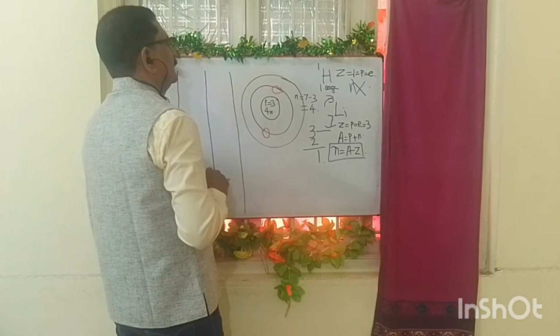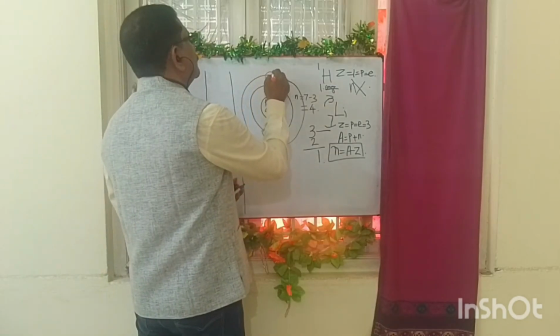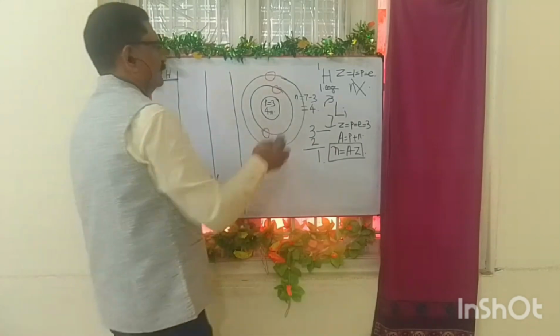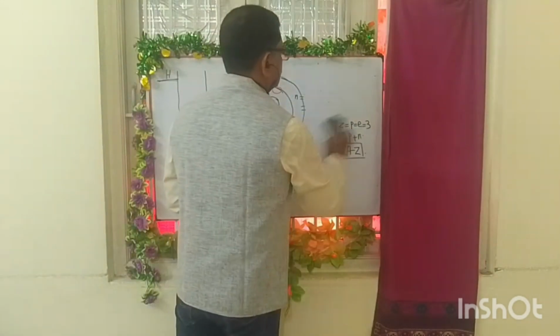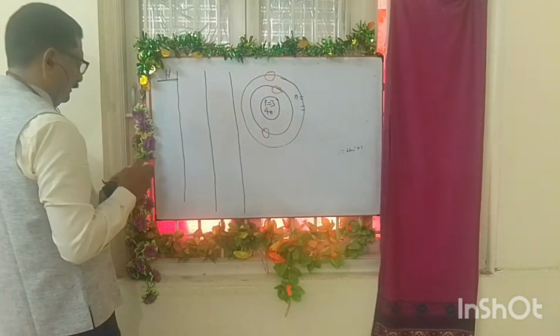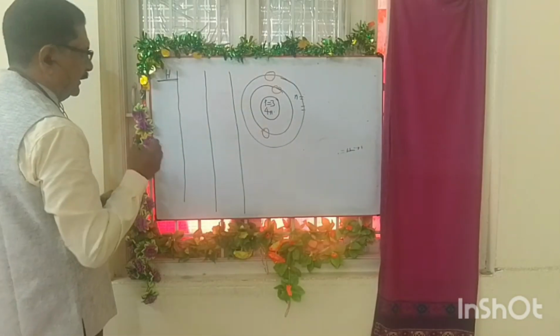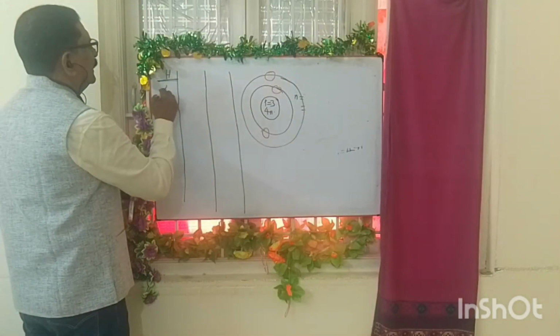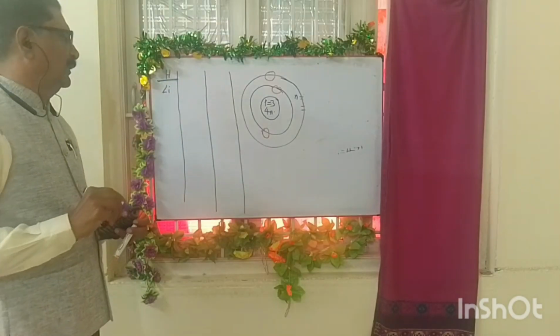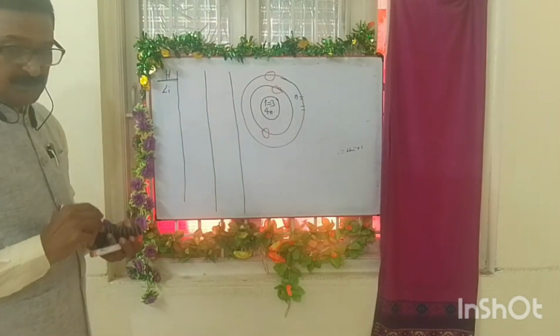Therefore, the second and outermost orbit contains only 1 electron. So, the number of electrons in the outermost orbit is 1. Therefore, lithium is the first metal in the first group.